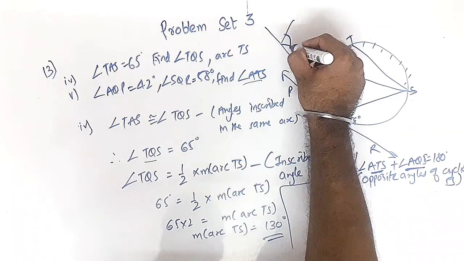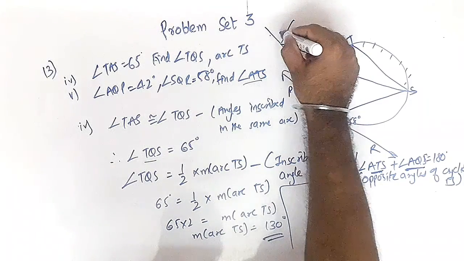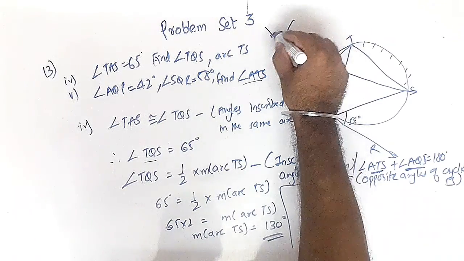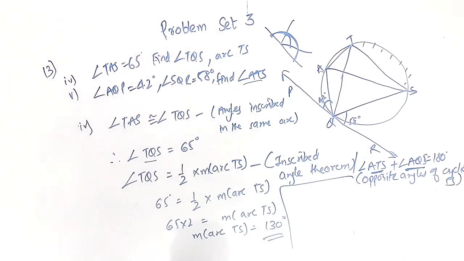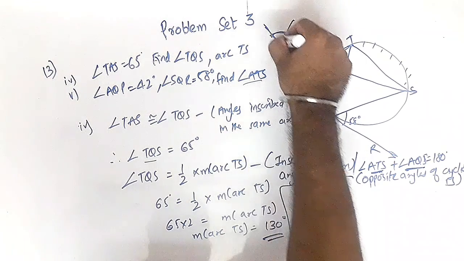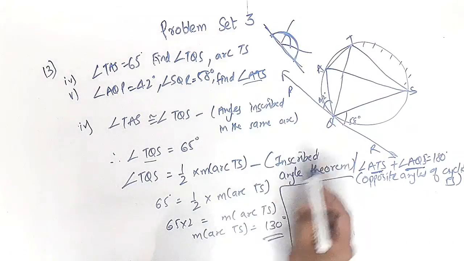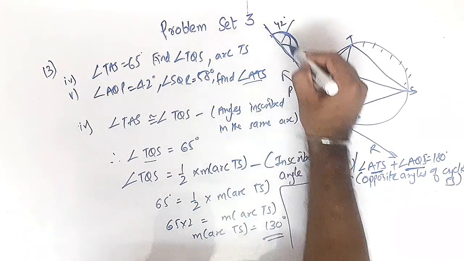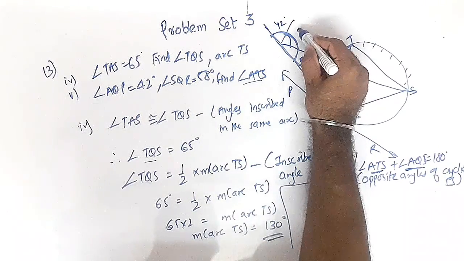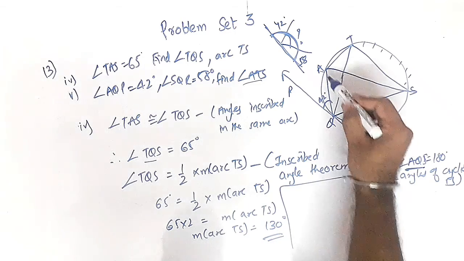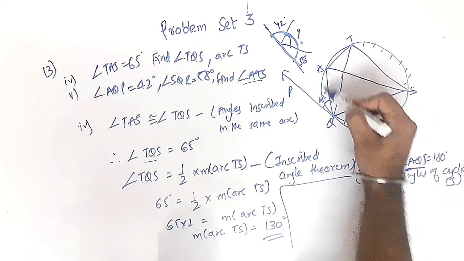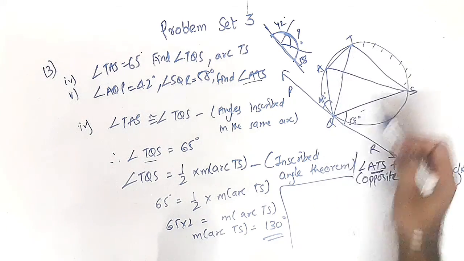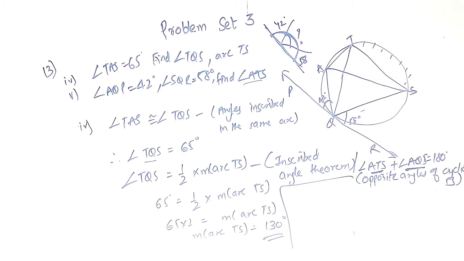This angle we have to find out of these three angles. These three angles are making a linear pair, a straight line. Out of these three angles, two angles we know, this is 42, this is 58. So we'll get easily what AQS is. If we get AQS, we can easily find ATS.